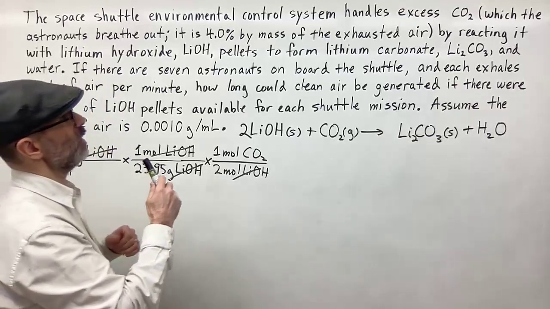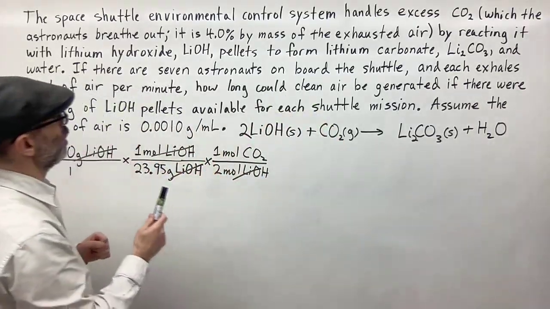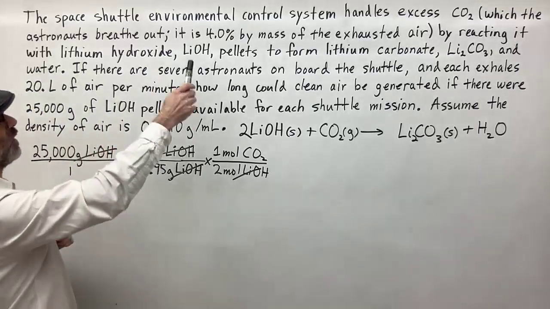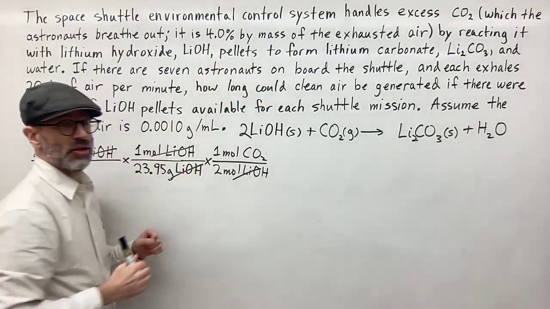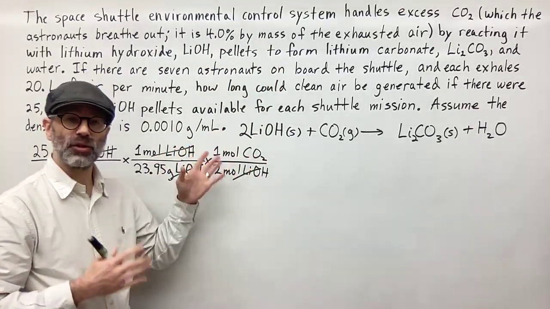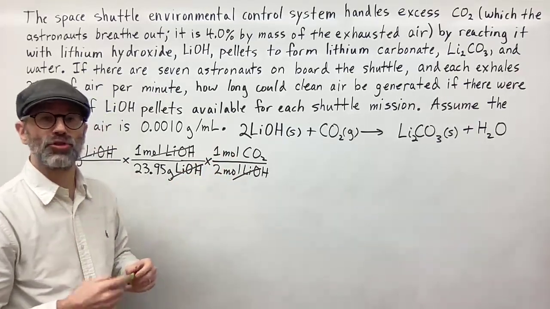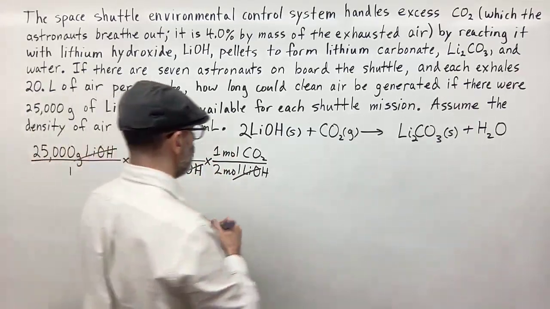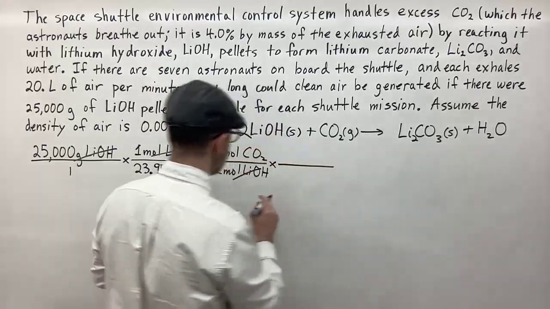because they're telling me that the air that's exhaled from the astronauts is 4.0% by mass. So this is the carbon dioxide, but that's only 4% of the air that's exhaled. So I want to now convert to the mass of air. So I'm going to have to convert this to grams first.